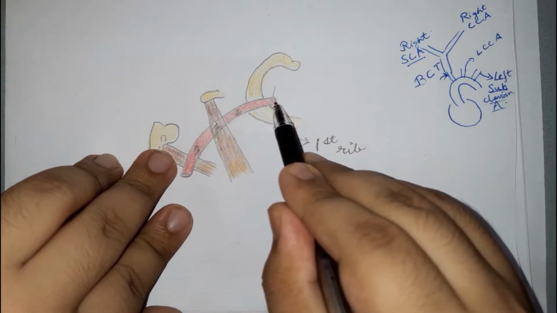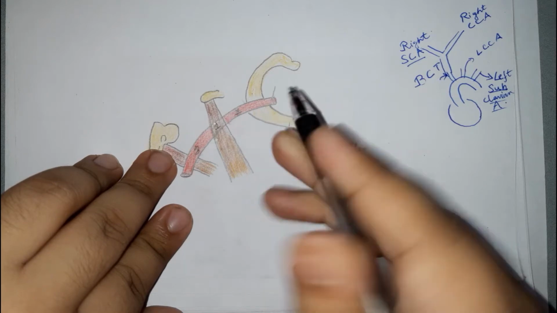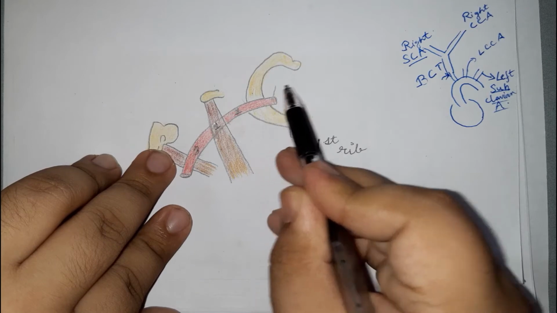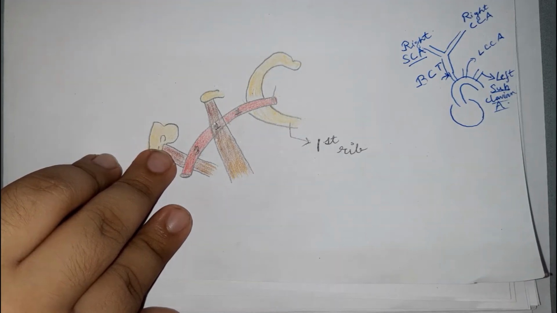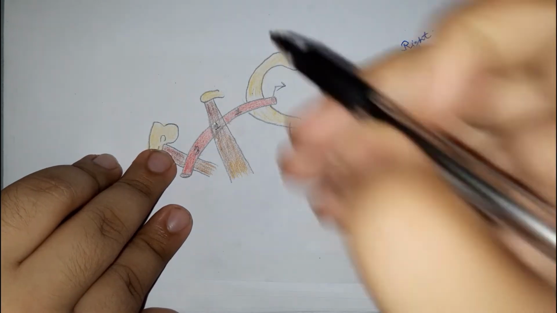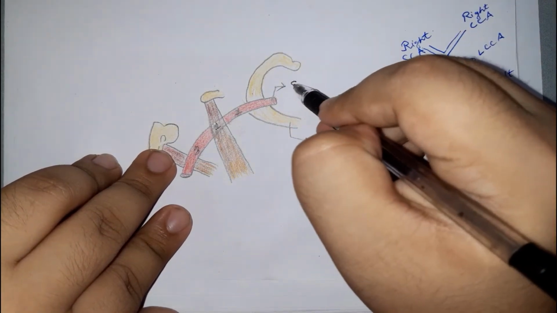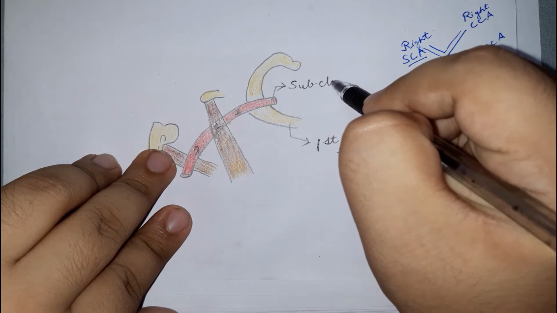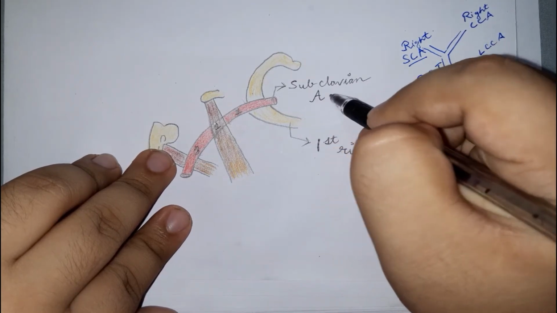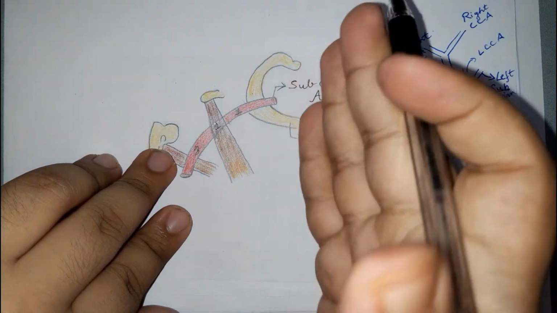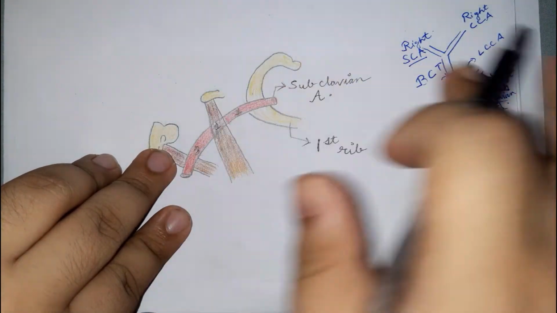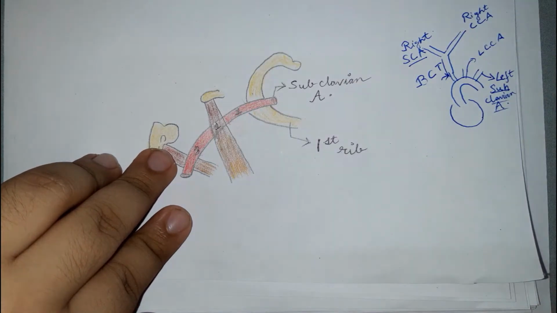This artery, which is coming from the superior direction over here and crossing the first rib, is the subclavian artery. This can be on the right as well as on the left, so both right and left, same story.